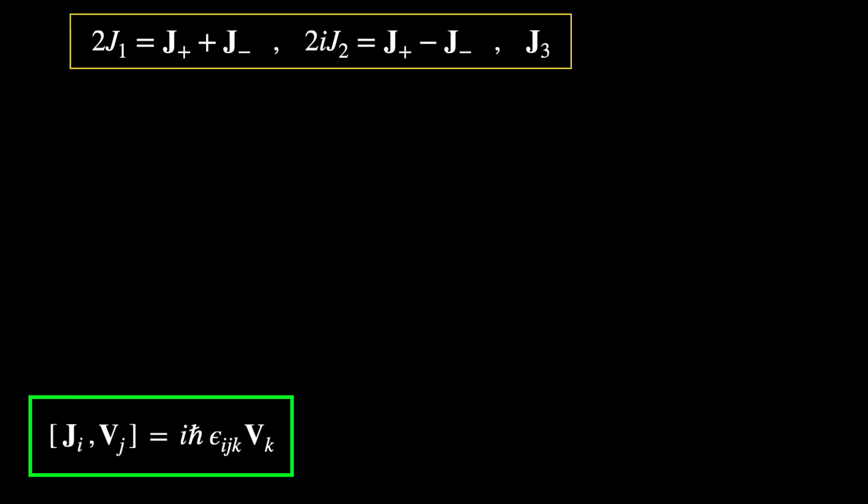Let's first work out the commutators between the Cartesian components of J and the spherical components of V. Then later, take the appropriate linear combinations to reproduce the Cartesian commutation relation in the green box. Let's start with V0.